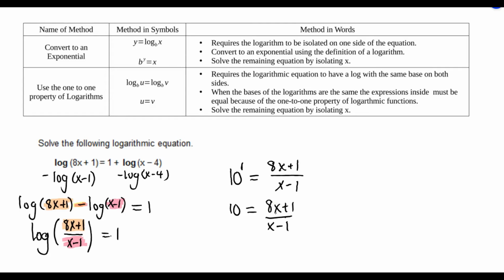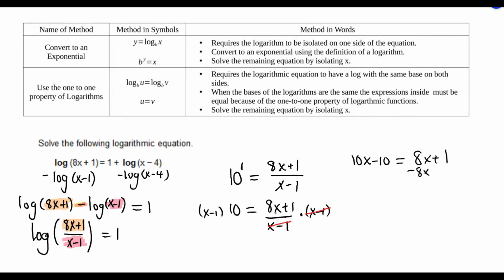I can multiply both sides by the denominator to clear fractions. That gives me 10x minus 10 when I use the distributive property. And on the right-hand side, those denominators canceled out, leaving me with 8x plus 1.